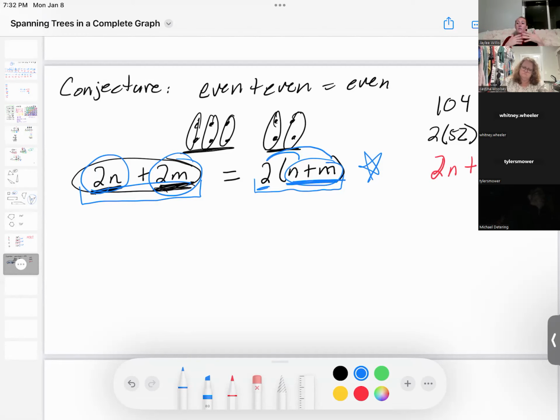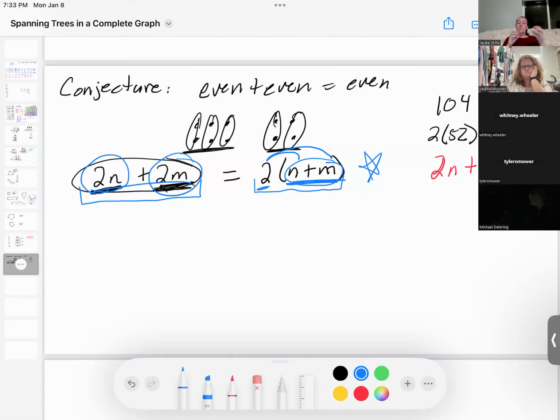And then you'd say, let's have the second even number be represented by 2 times m, because it may be a different even number than the first one. And so you're explaining where those 2 pieces of your notation came from. And then you say, okay, if I add these 2 together by the distributive property, I can factor out a 2. And again, you're describing all of this in words.